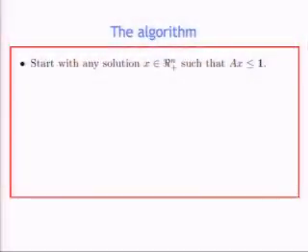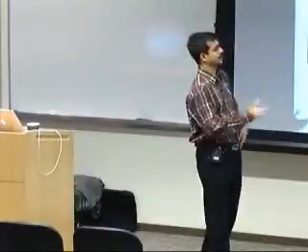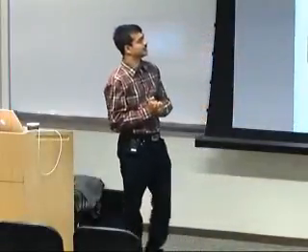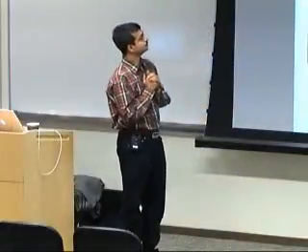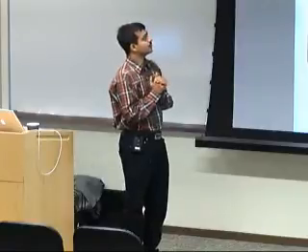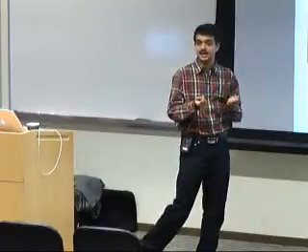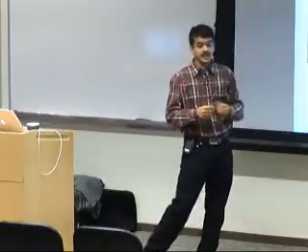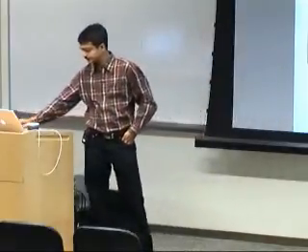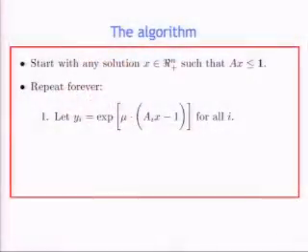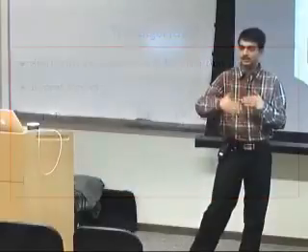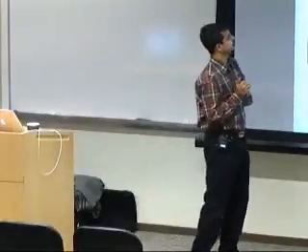Okay, so with this intuition, let me describe the algorithm. The algorithm is really very simple, it fits in a single slide and it's very simple to follow. So we start with any solution x that satisfies primal constraints. So start with any x greater than or equal to 0 such that Ax is less than or equal to 1. And now every agent is going to repeat some execution.